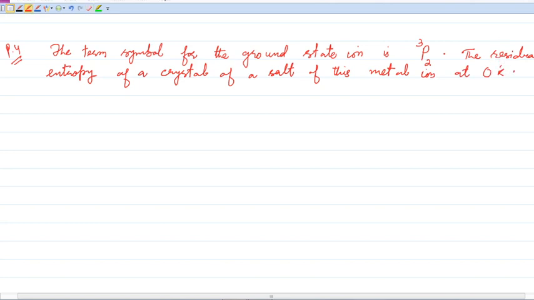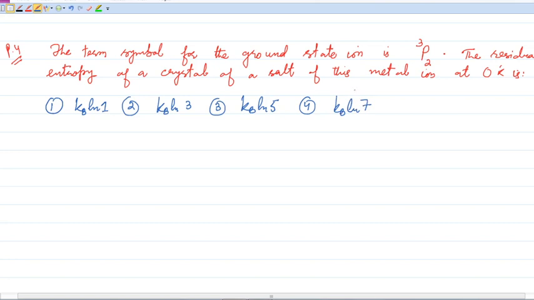The options were: first option was Kb ln of 1, second option was Kb ln of 3, third option was Kb ln of 5, and the fourth was Kb ln of 7.